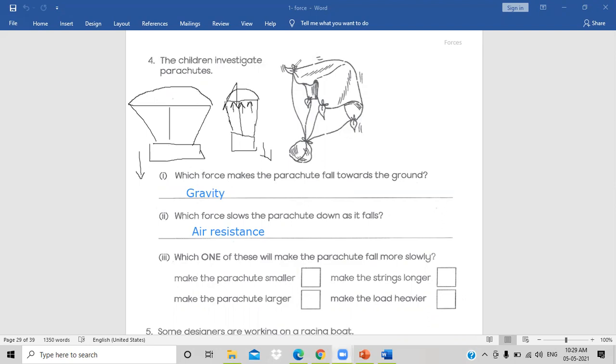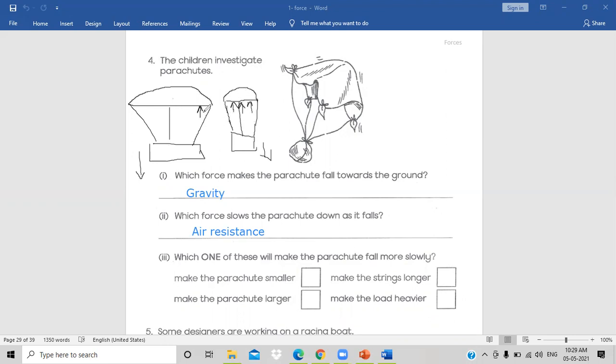Sorry, the last one got a little out of hand. Let's draw it again. As you can see, three arrows represent the air resistance that will try to slow this parachute down. What about the large parachute?